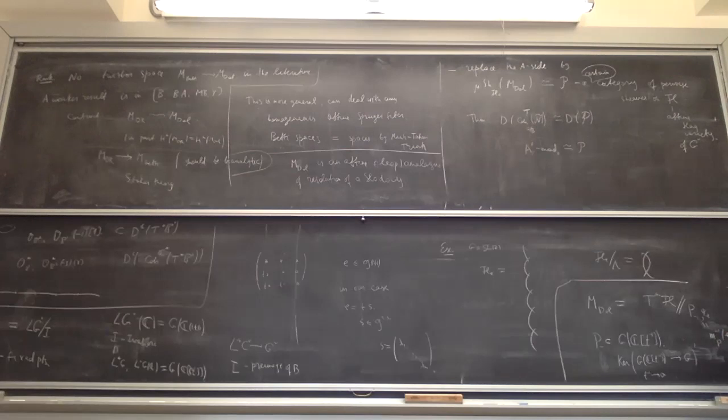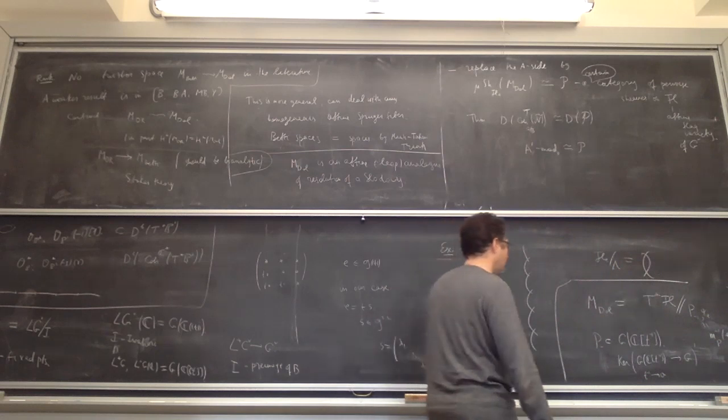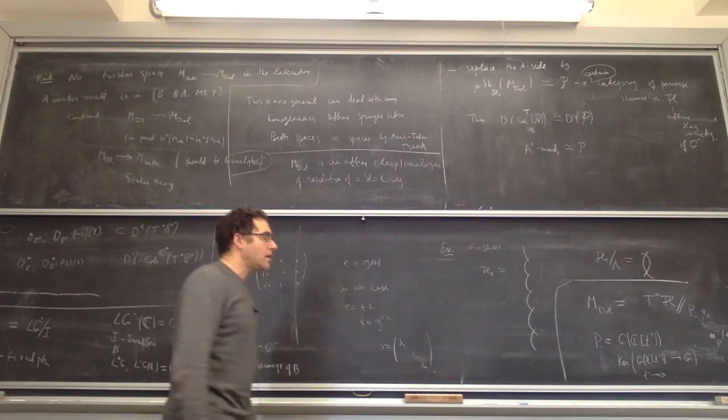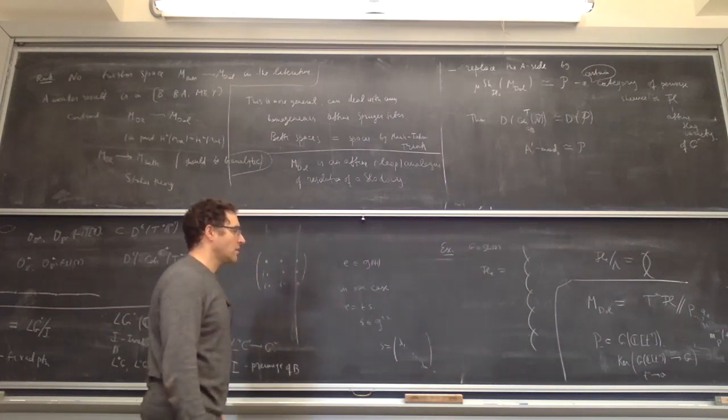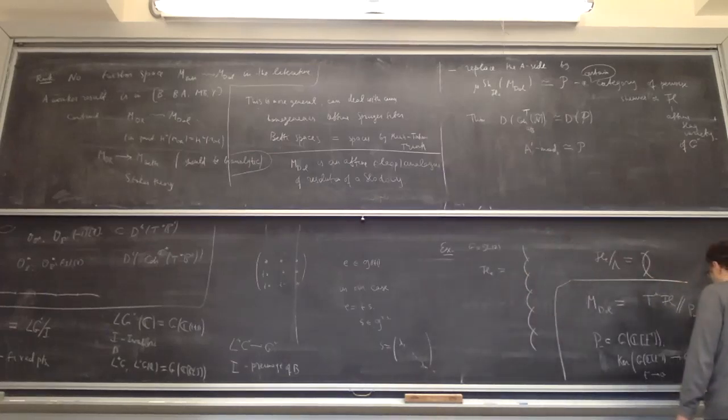Okay. So this is the key point, and then the fiber over E is a Lagrangian in the symplectic.